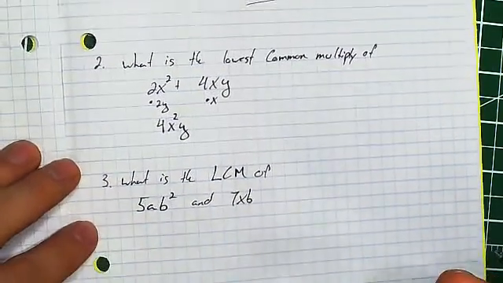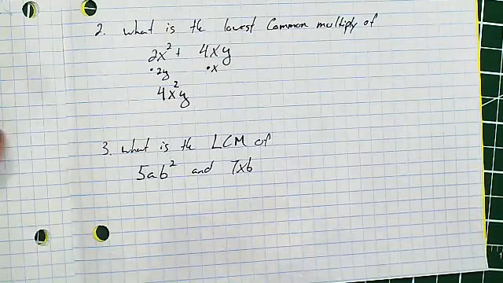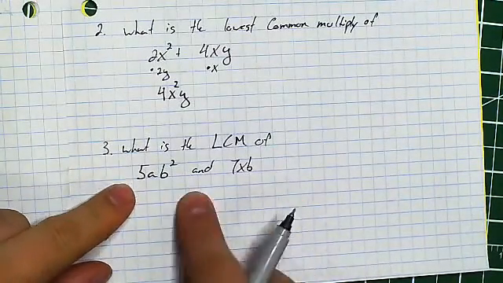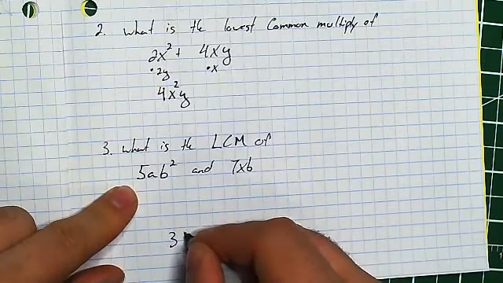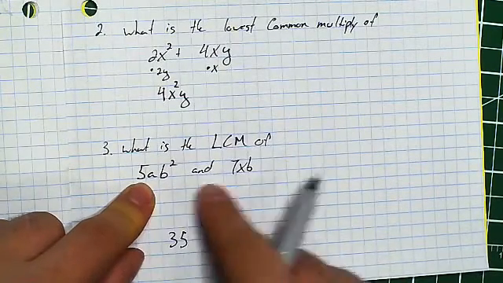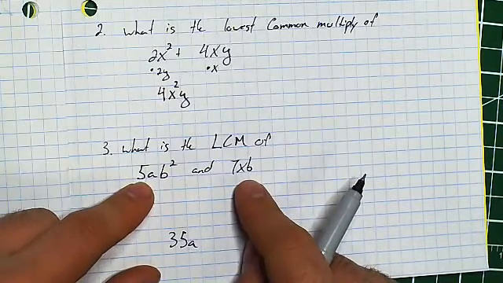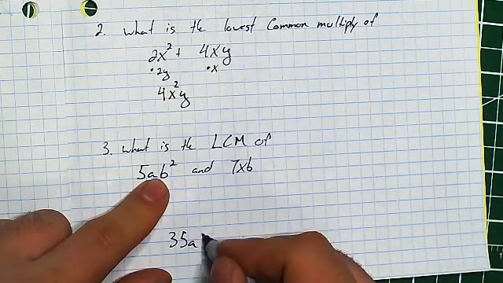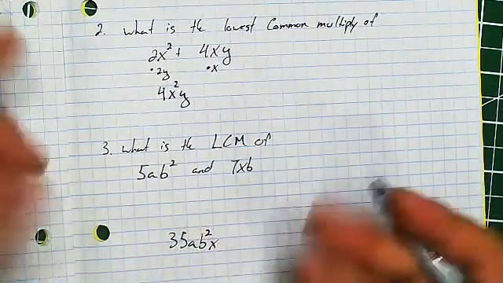We're going to practice finding the lowest common multiple again with 5ab squared and 7xb. Between 5 and 7, it's 35. There's only a single a in one term, so both terms would have an a. b squared and b is b squared, and x would be x.